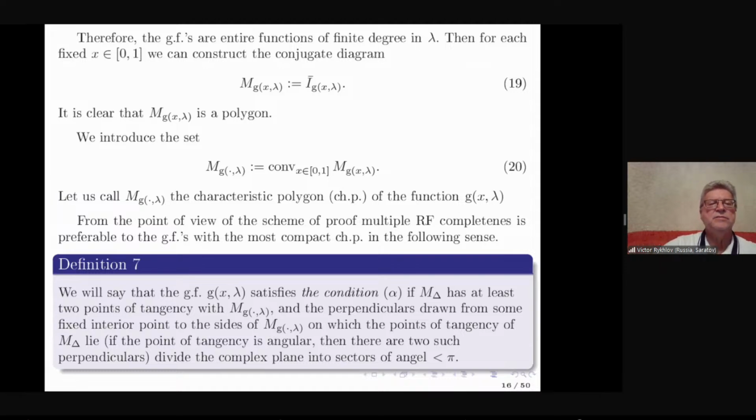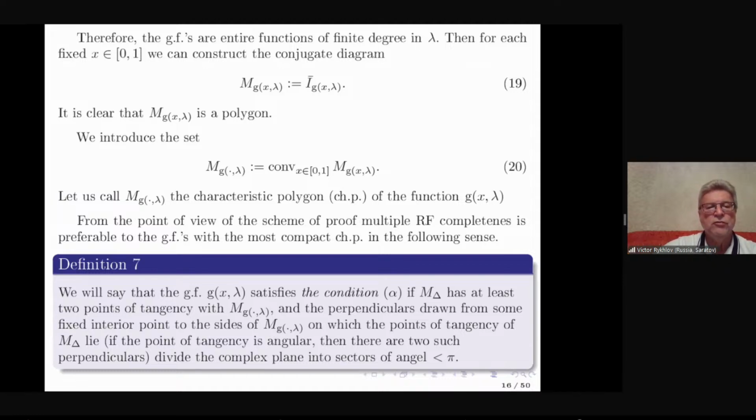It is clear that m j of x lambda is a polygon. We introduce the set M j equals the convex hull of m j of x lambda for x from 0 to 1. Let us call M j the characteristic polygon of the function j of x lambda.